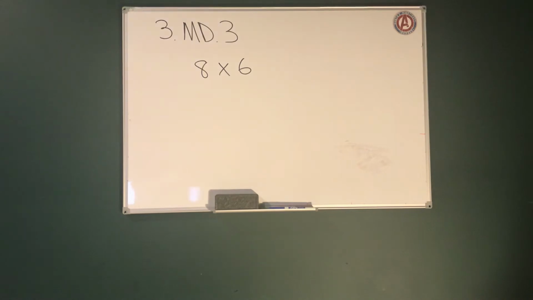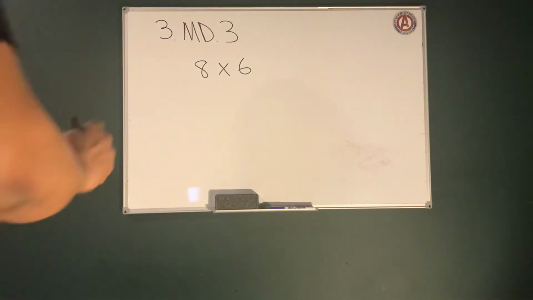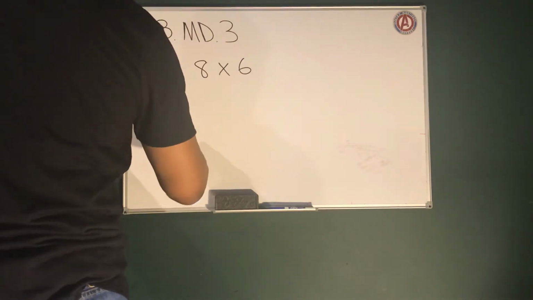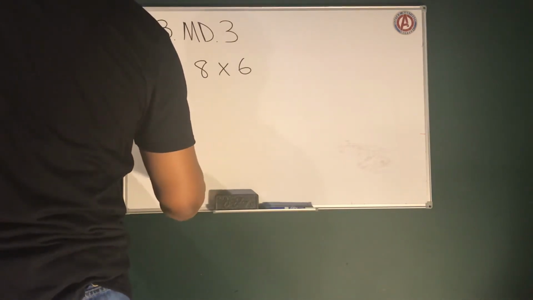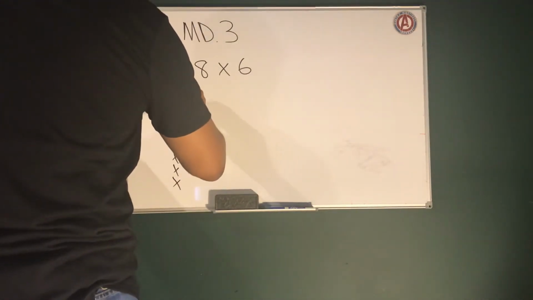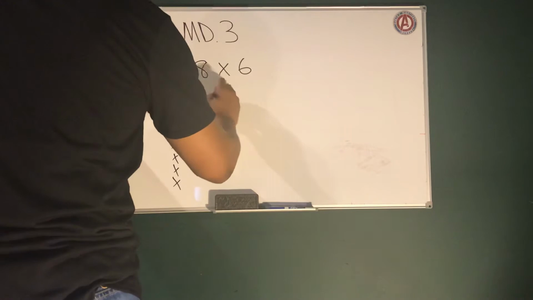So 2 ways we can solve this problem. We can make an array by doing 8 rows, 2, 3, 4, 5, 6, 7, 8, and then 6 columns, 2, 3, 4, 5, 6.